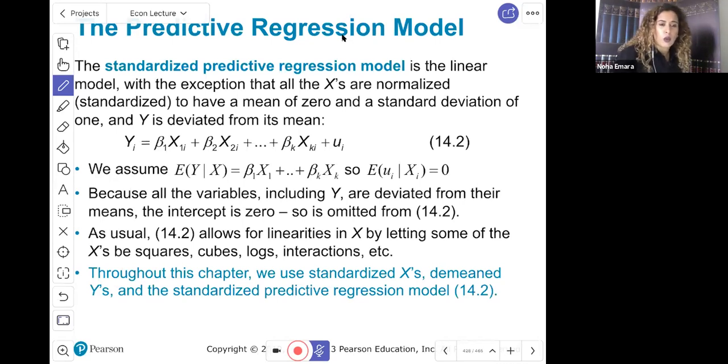I have a model where y is a function of beta 1 x1, beta 2 x2, and so on up to beta k xk, plus the error term. I don't have an intercept in this model because, as you can read, it's deviated from the mean. So I'm taking y minus y bar, x1 minus x1 bar, x2 minus x2 bar, and so on.